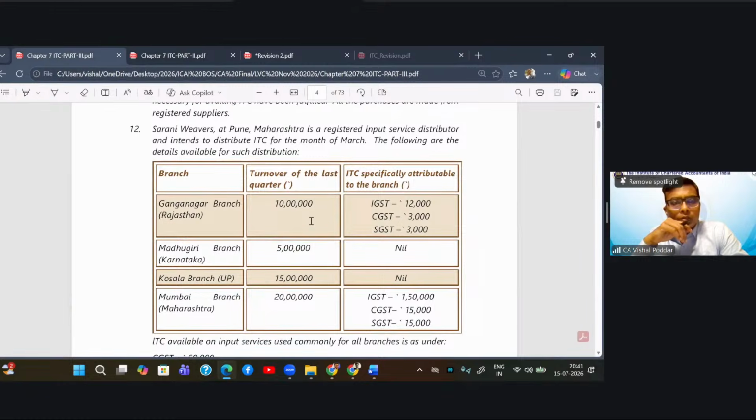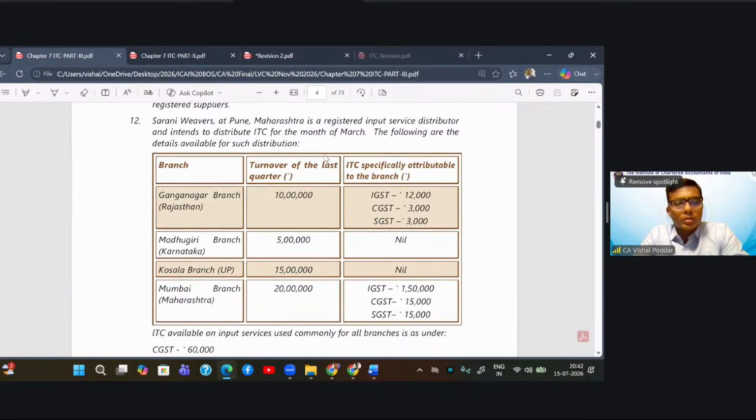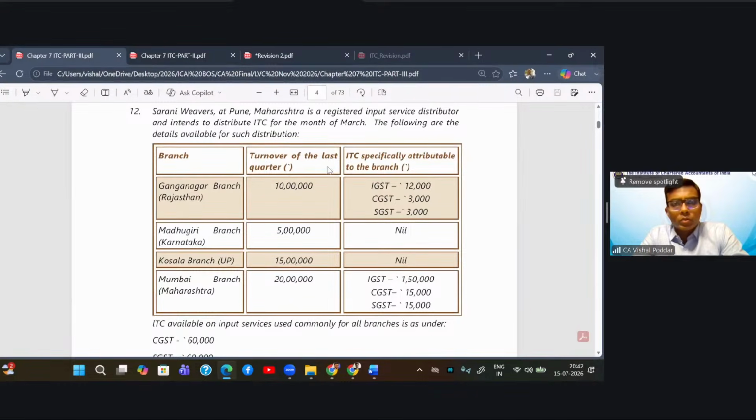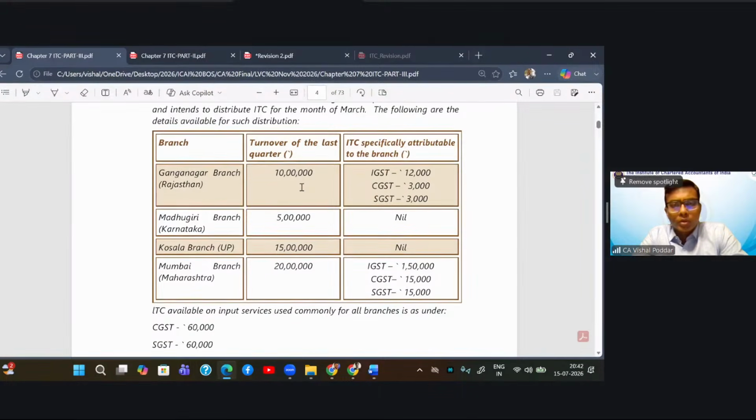What is the next question? Sarni Weavers at Pune, Maharashtra is a registered ISD. It intends to distribute ITC for the month of March. Following details are available. So, Ganganagar branch, turnover of last quarter 10 lakhs.